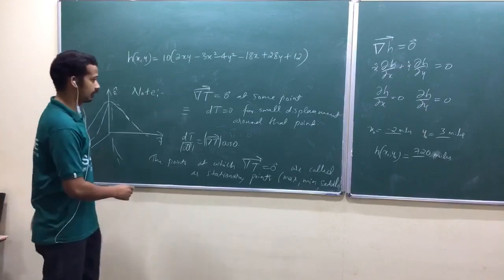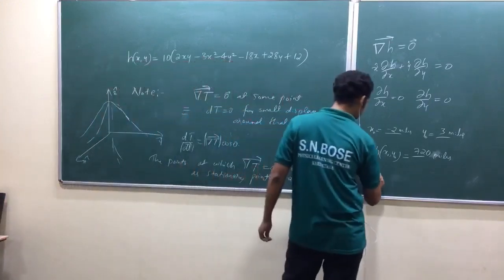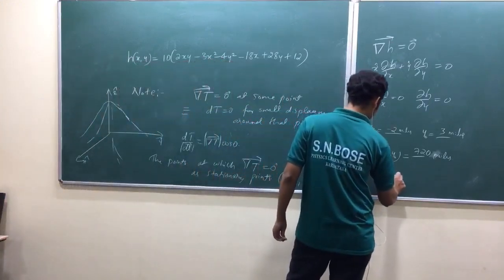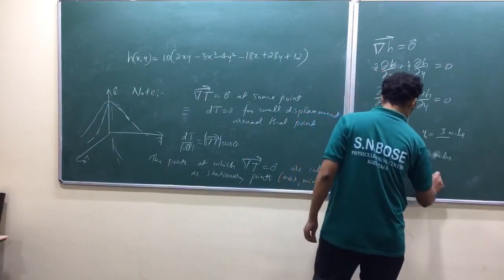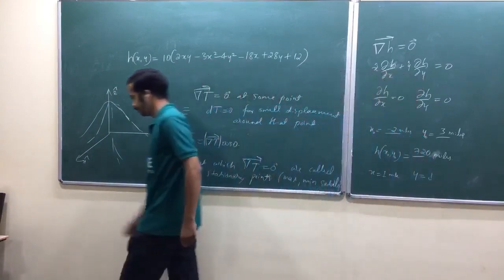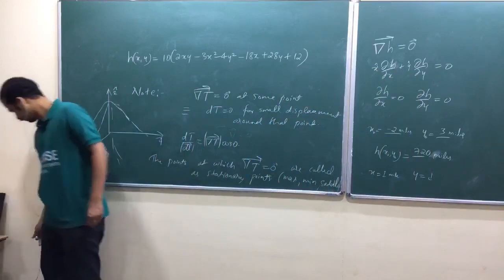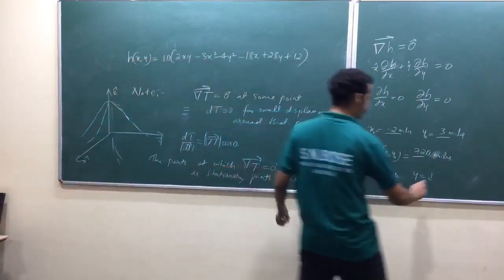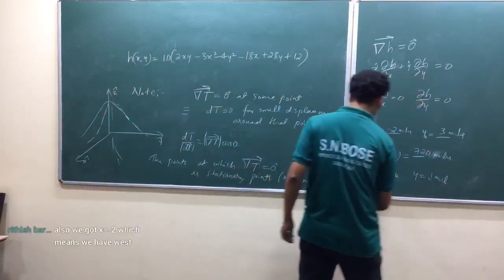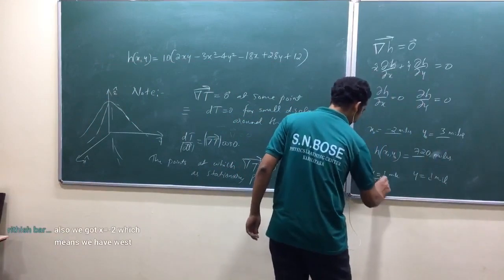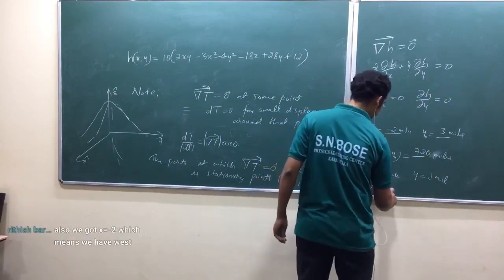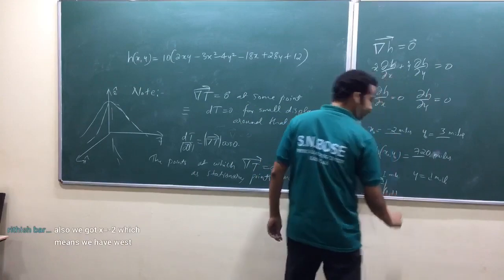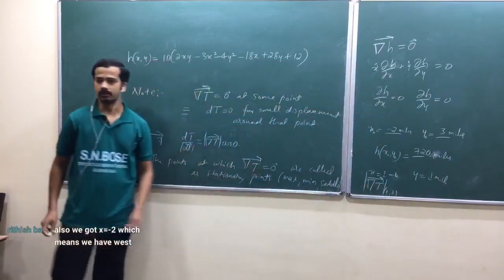That means x equal to 1 mile, y equal to 1 mile. You have to find the mod of the gradient of t at 1 comma 1, isn't it?